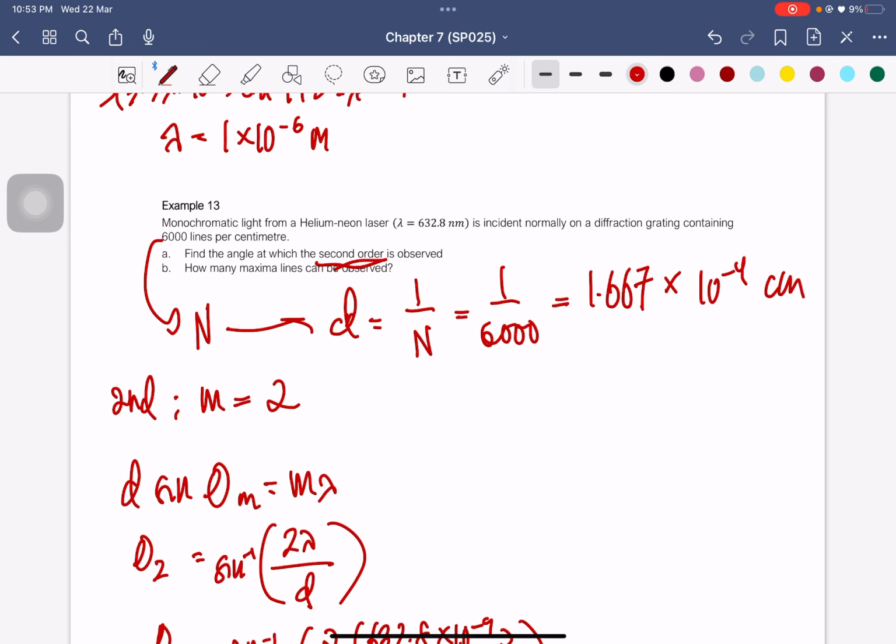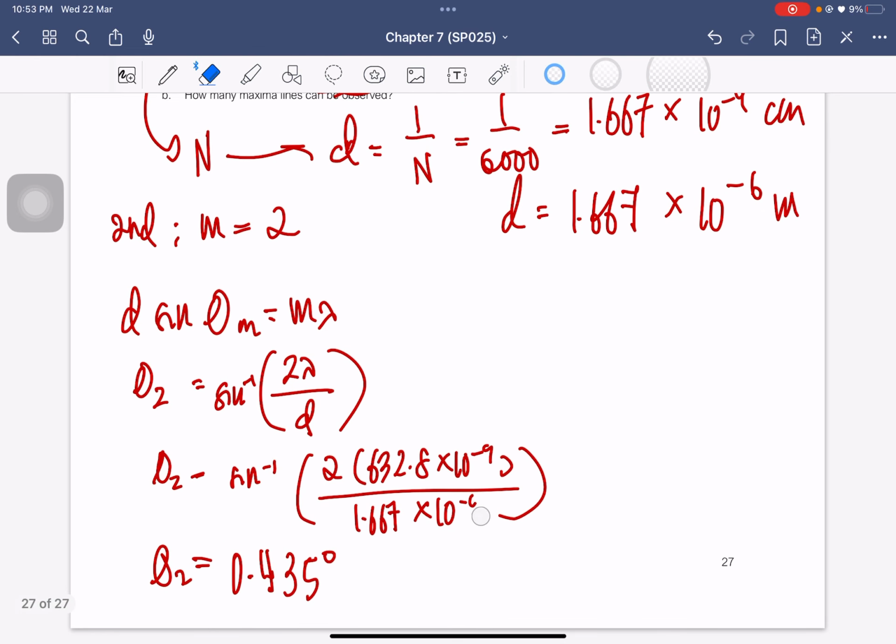But now we need to consider the centi. Change it to meter, so it's going to be times 10 negative 6 meter. So here it is negative 6. So the answer here should be 43.5 degrees. Should be. Let me just check.